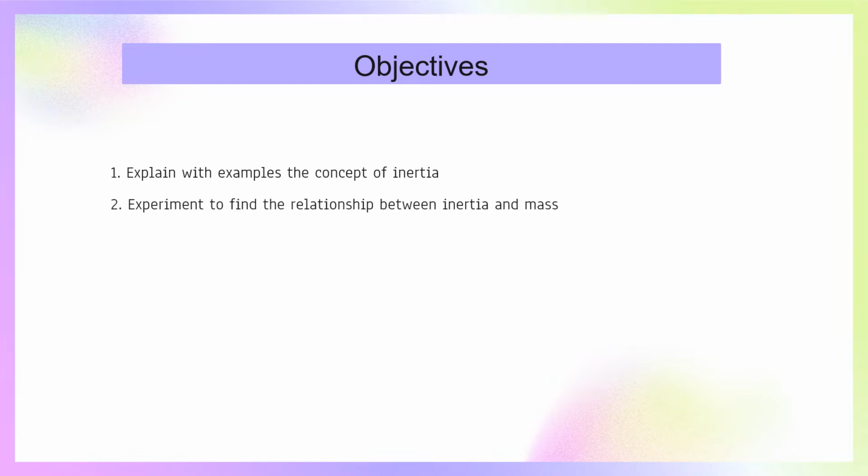Next, you can use your experimenting skills to conduct an experiment to find the relationship between inertia and mass. And the last objective is you are able to justify the effects of inertia in your daily life.